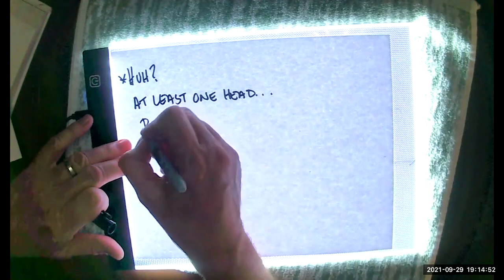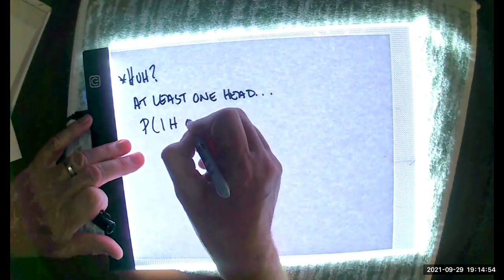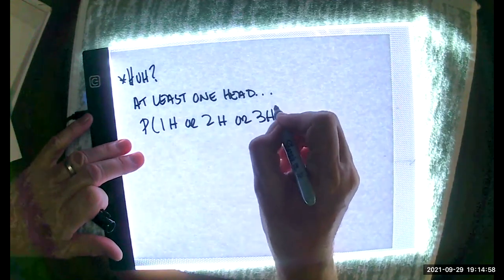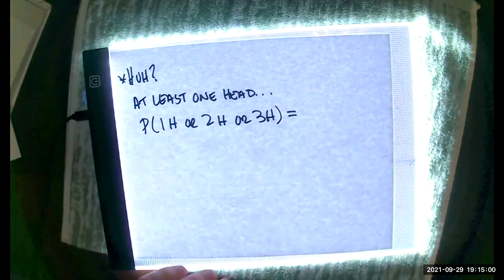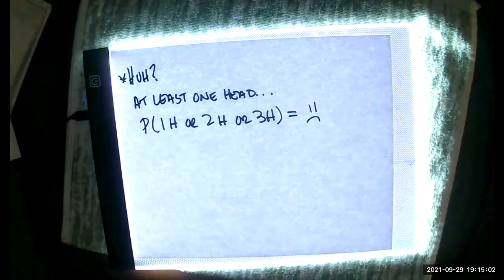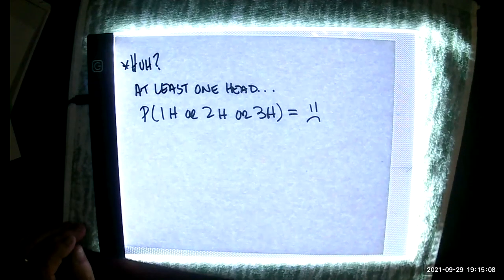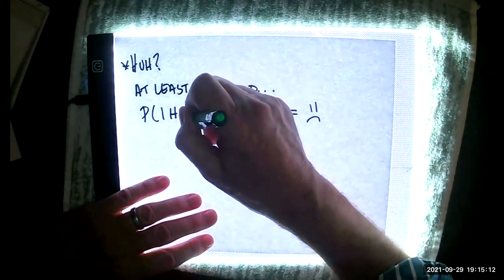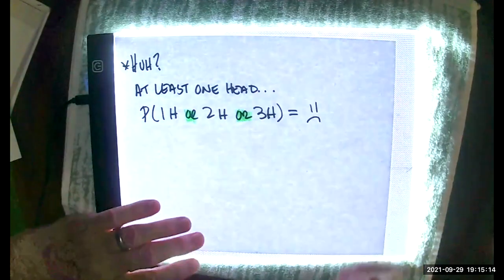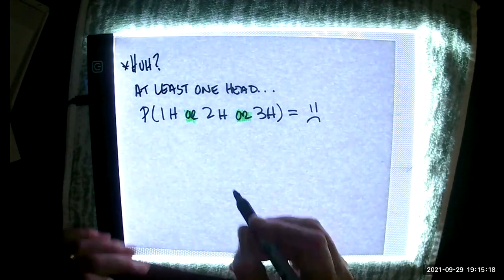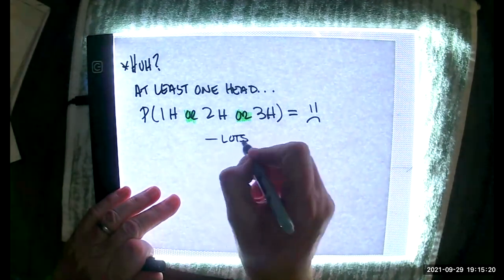That means the probability of one head or two heads or three heads equals... David had a question at the beginning that was somewhat similar to this, where we were making a number of selections. So this means I've got to worry about lots of double counts.